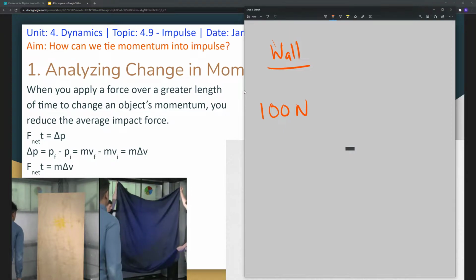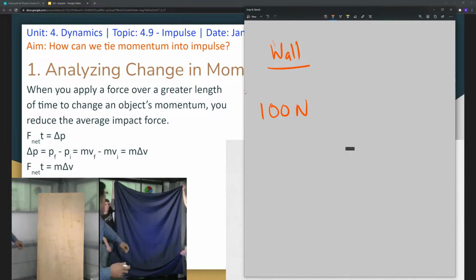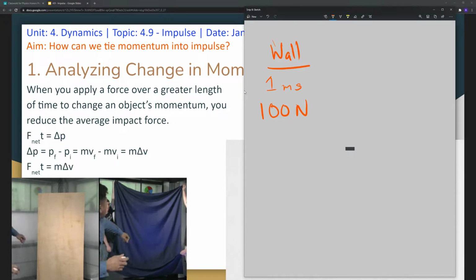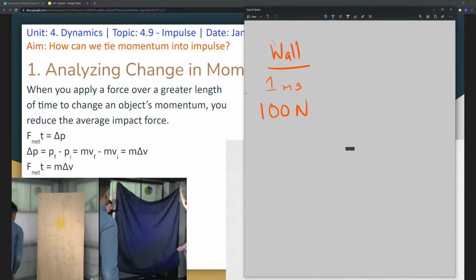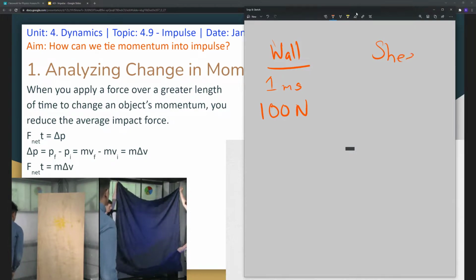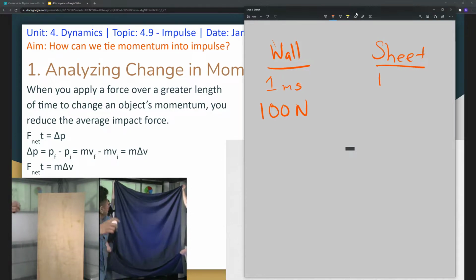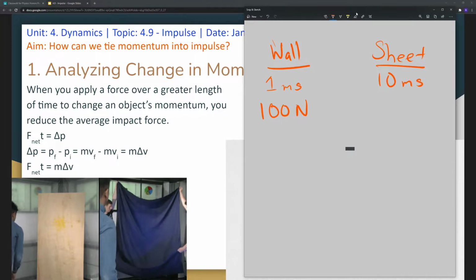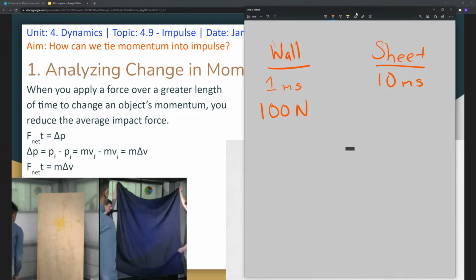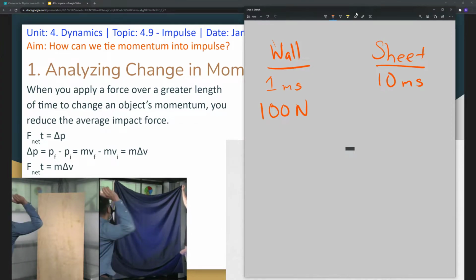So the wall applies a force of 100 newtons on the egg. And this all happens in 1 millisecond, very brief. Well, what happens when it hits the sheet? Let's say it takes 10 milliseconds for the egg to come to a complete stop.